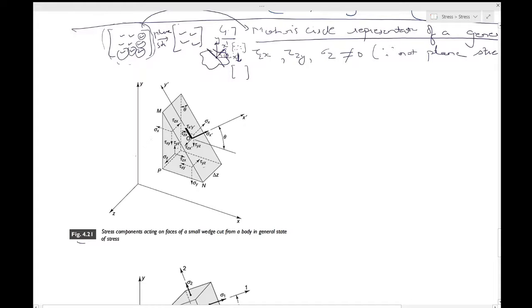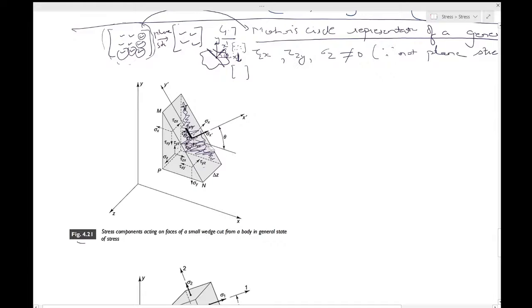Now let's take the plane MP and delta z, meaning this vertical plane. It will have a sigma x, it should have a tau xy, it should have a tau xz. So this is tau xz. Now let's take the plane which is behind, this particular vertical plane which is behind.